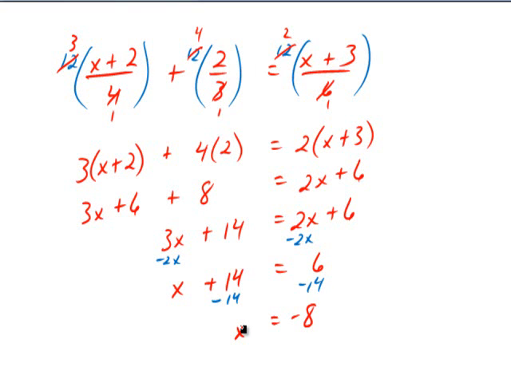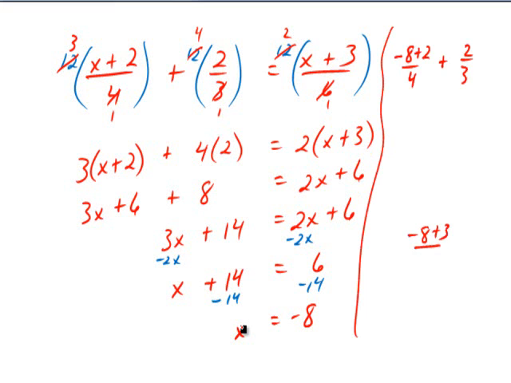If I check my answer, plugging negative 8 in for all of the x's, negative 8 plus 2 over 4 plus 2/3, and I want to see if that equals negative 8 plus 3 all over 6. If I simplify this left-hand side, I have negative 6 over 4 plus 2/3.